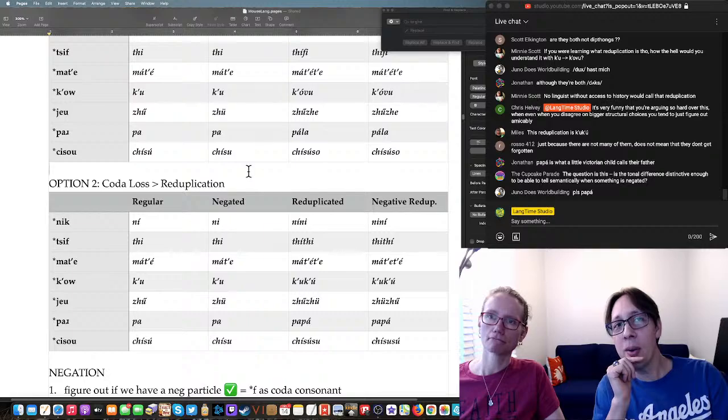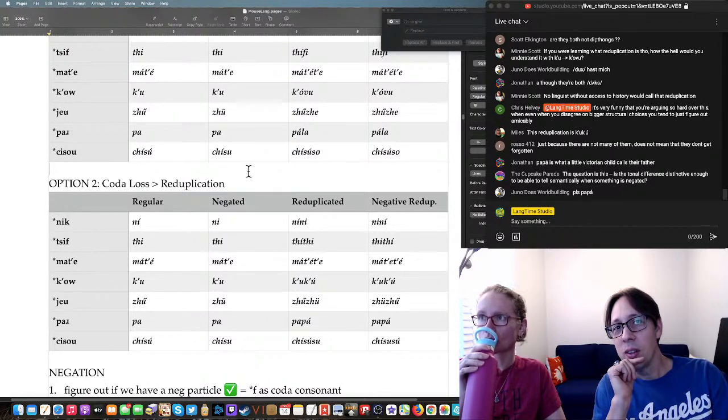The interesting thing about option 2 is that most of these forms sound the same, and it's very confusing.